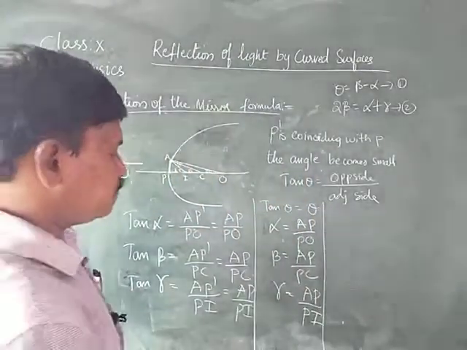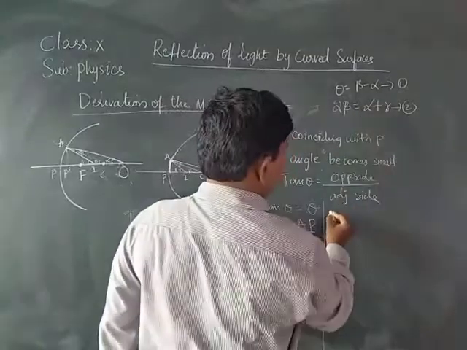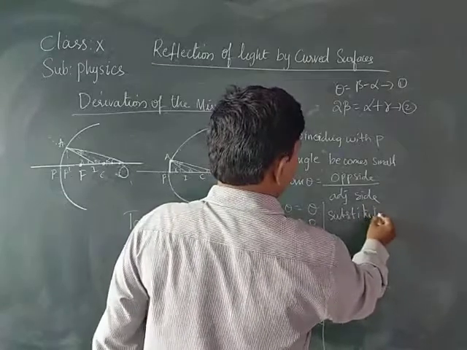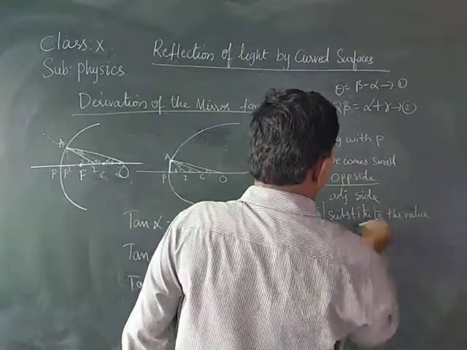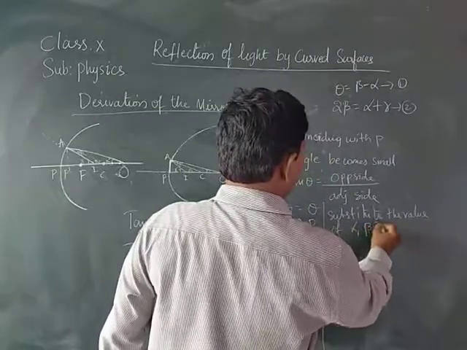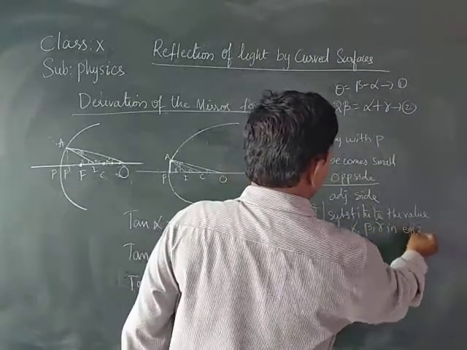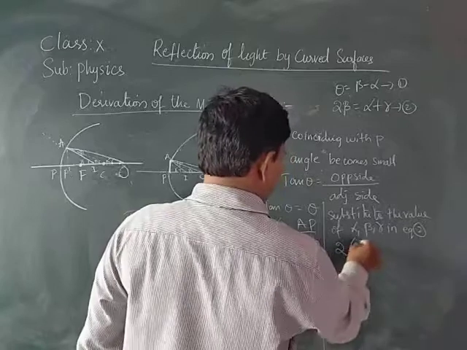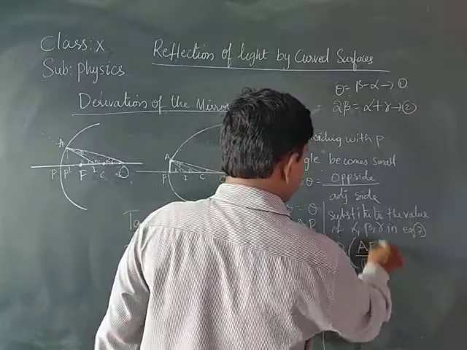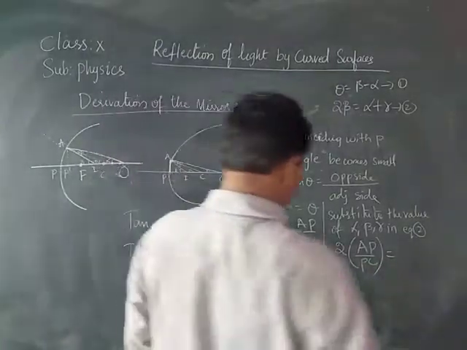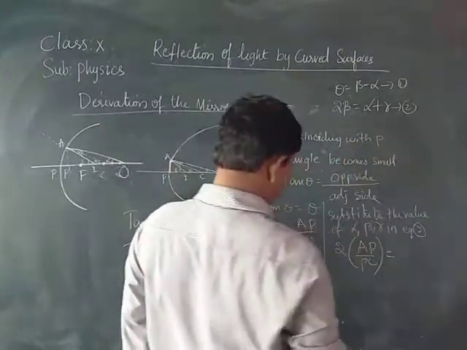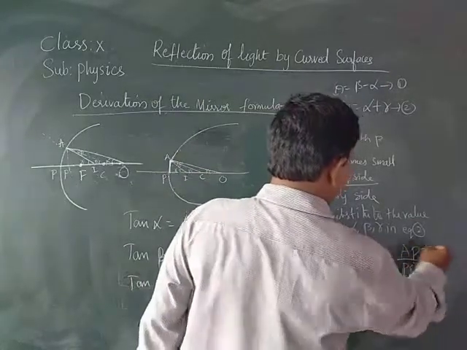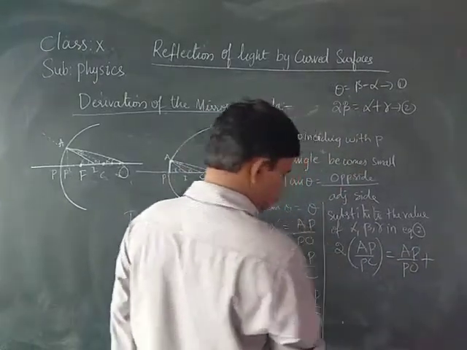Then substitute these values in the second equation. Substitute the values of alpha, beta, gamma in equation 2. We get 2 into AP by PC is equal to alpha plus gamma. Alpha is AP by PO, plus gamma is AP by PI.